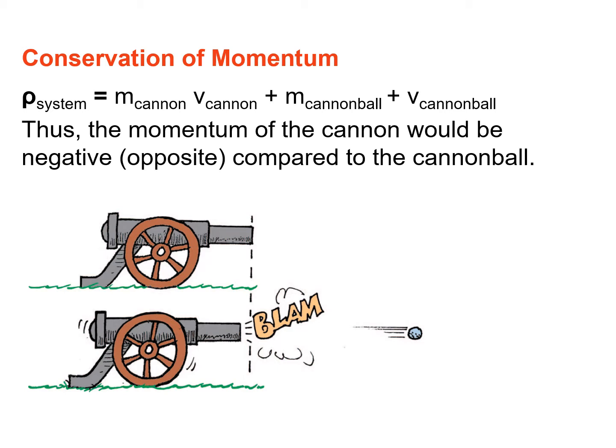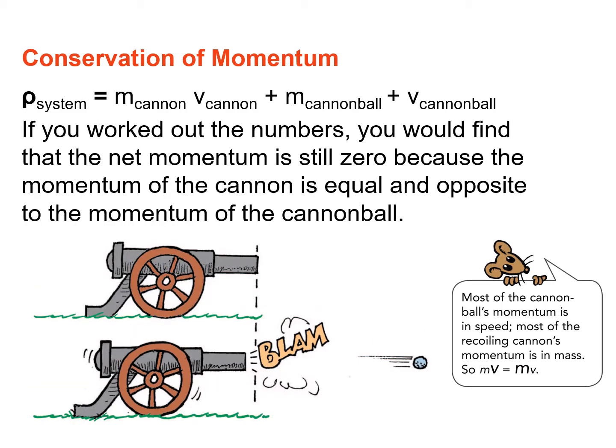Because when you add the momentum of the cannon and the cannonball together, the cannon's momentum, it's a vector quantity, it's going to be negative. So the negative momentum of the cannon and the positive momentum of the cannonball will actually cancel each other out.